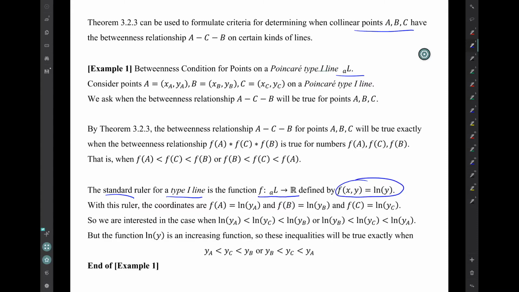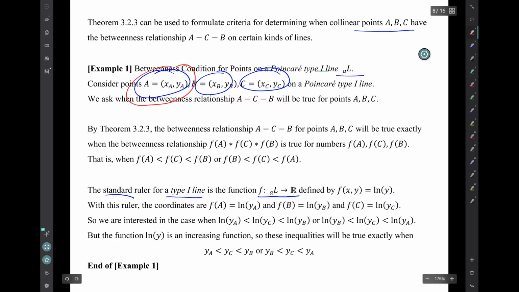So that means that if I feed these points, A, B, and C, into that ruler, the coordinates that I get out are going to be, the coordinate of point A is, f of A is ln of ya. And the coordinate of B is this. F of B is ln of yb. And f of C is this, ln of yc.